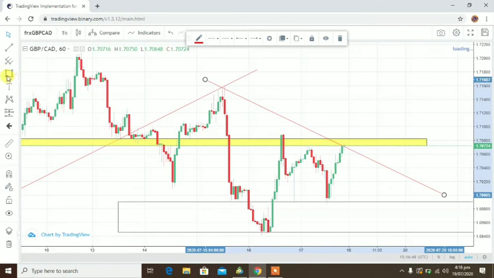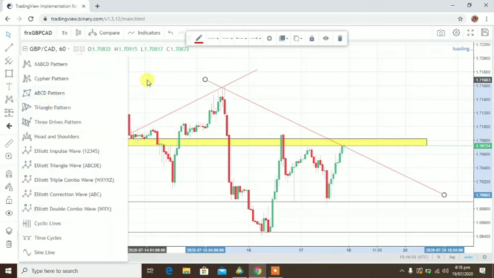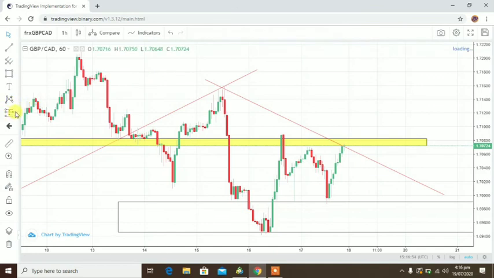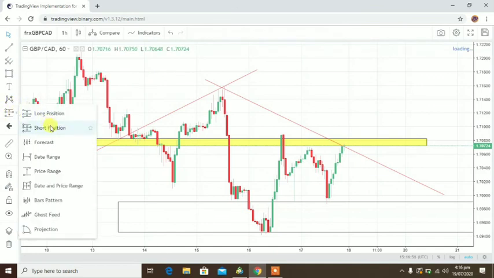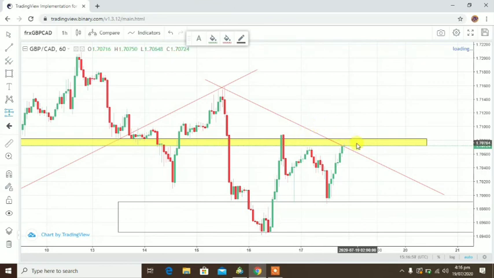So using our risk to reward ratio, we have to check. Okay, so let's see if this is a good risk to reward ratio, if this trade is good for us to trade. So it's a good setup, guys, a good setup. Watching out for a selling opportunity and then a buying opportunity.